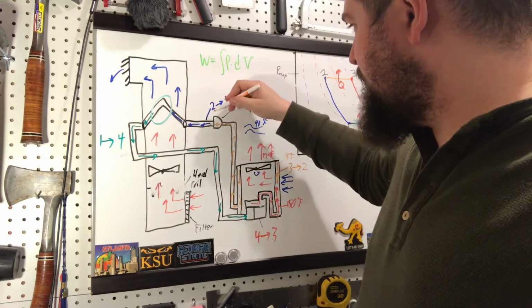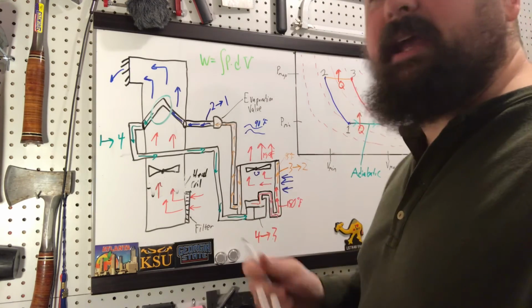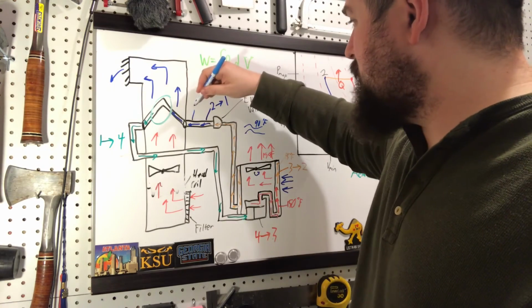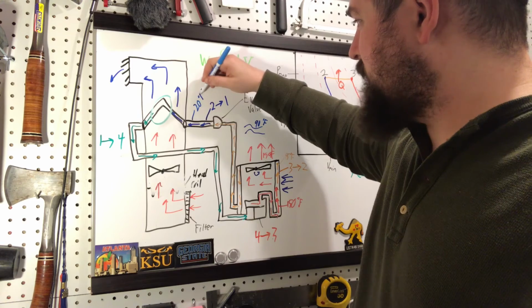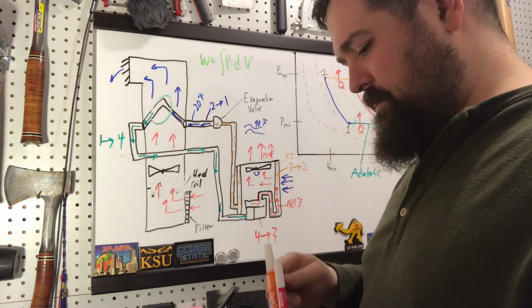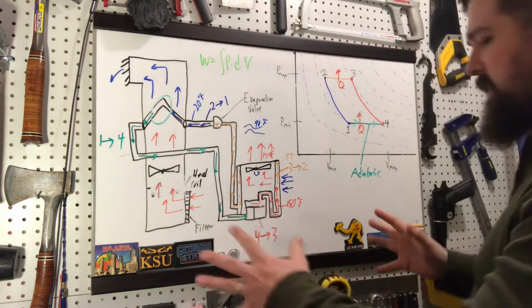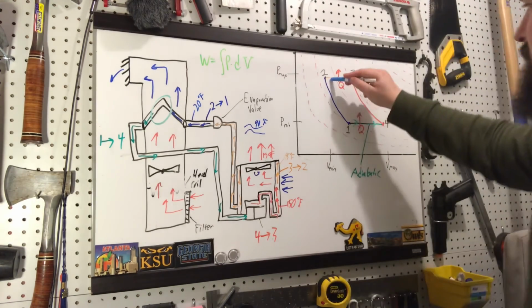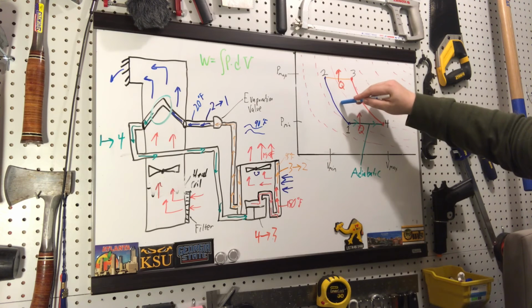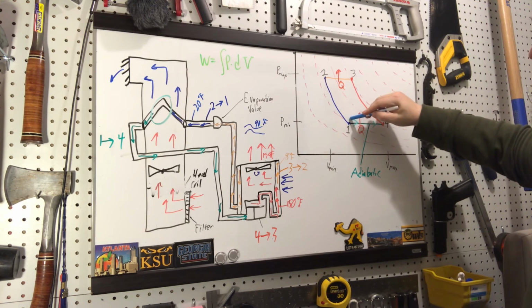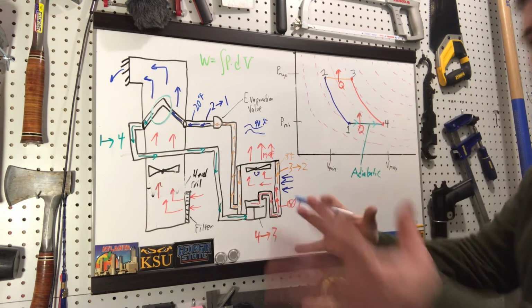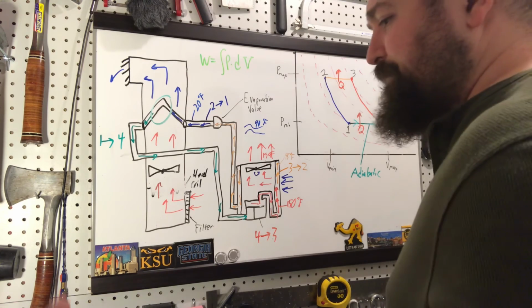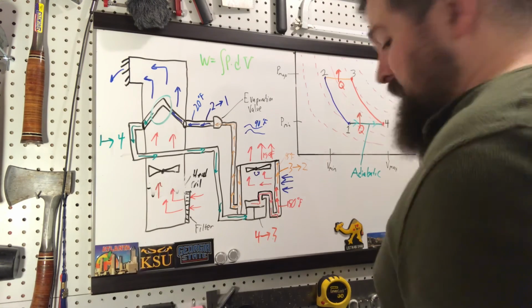And then once it hits this and it expands, this drops down to 20 degrees Fahrenheit. And that's how this whole cycle works. So we're doing the blue part right here. As you can see, the pressure is decreasing, and so is the volume. That's one of the cool things. So that's it right there.